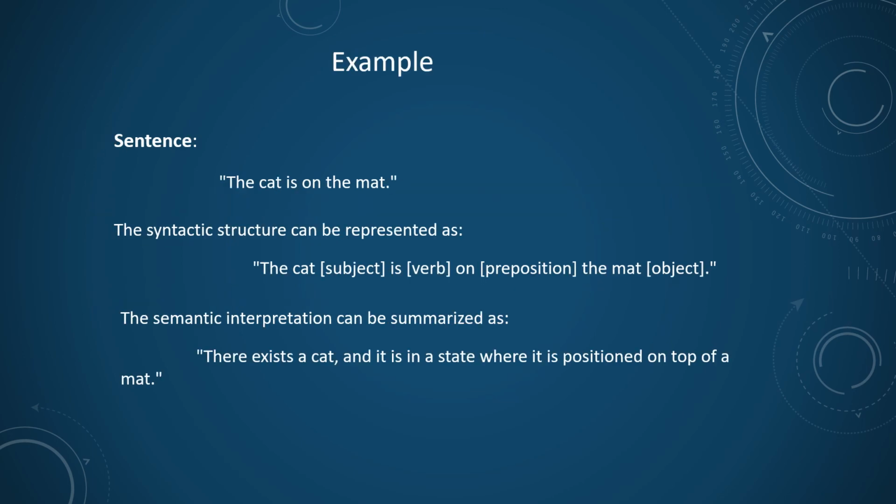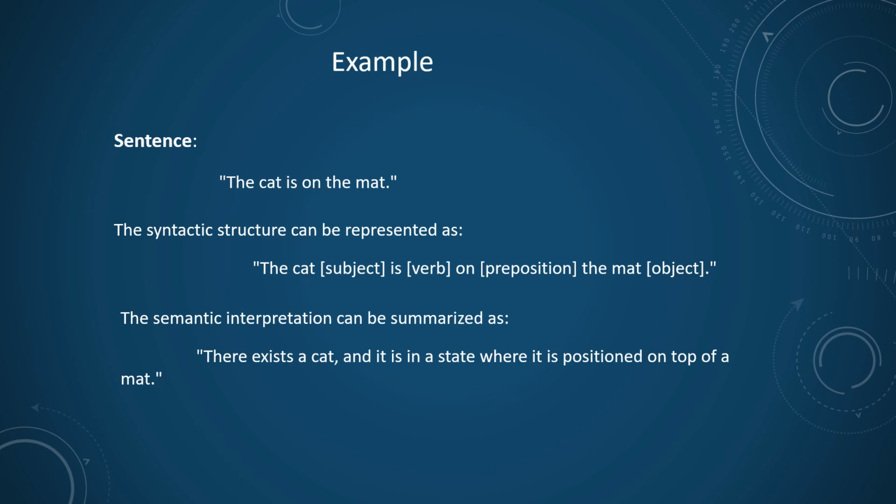Here is an example to understand both syntax and semantic analysis. The sentence is "The cat is on the mat." We already know syntax analysis focuses on the grammatical structure of the sentence. It identifies the relationship between the words and their roles in the sentence.